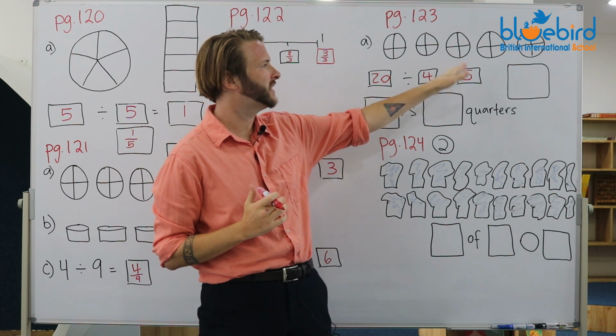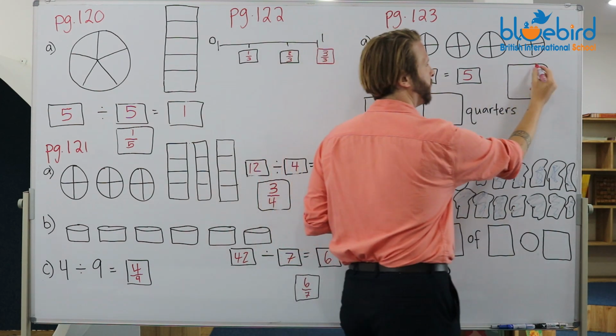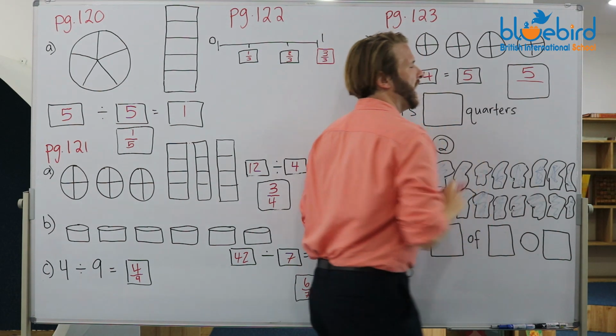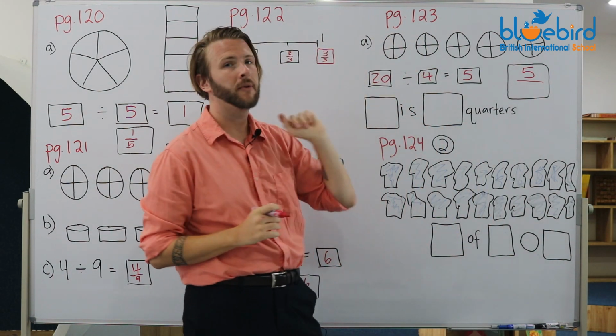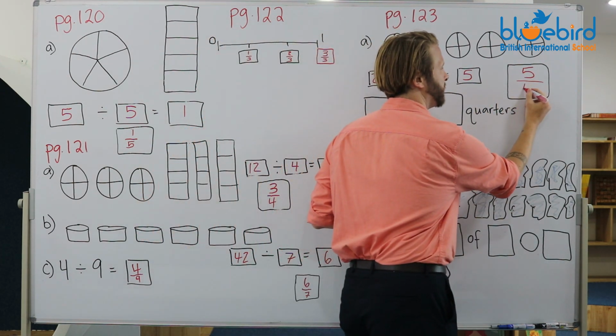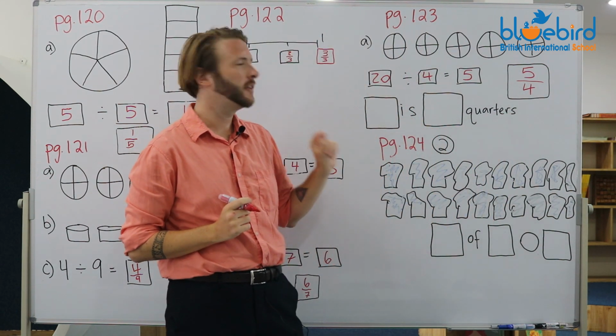We then take the amount the girls have, just like before. They have 5 out of the total amount of 1 pizza, which was 4. Now that might look a little funny.